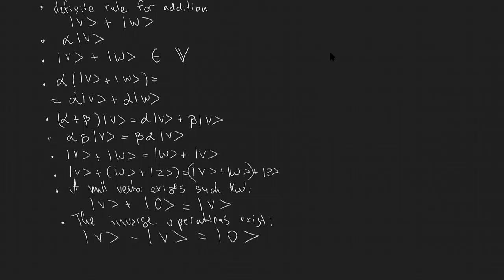For instance, you could have, I don't know, something like the set of 2 by 2 matrices that will essentially follow those rules.